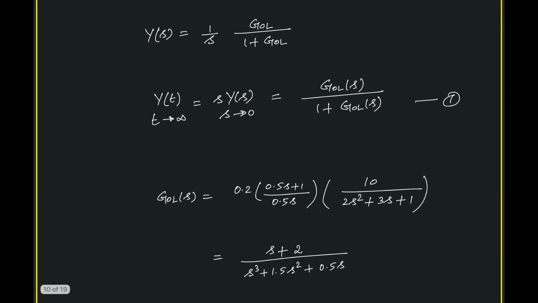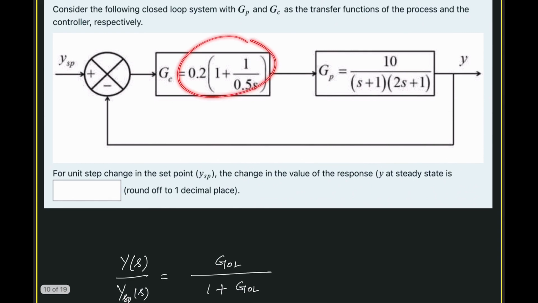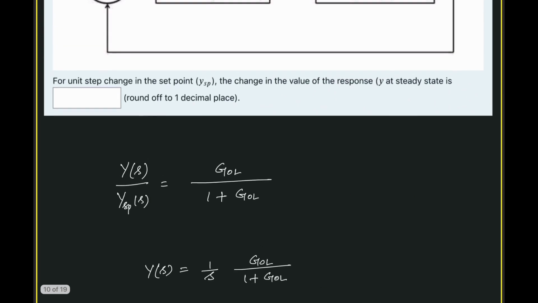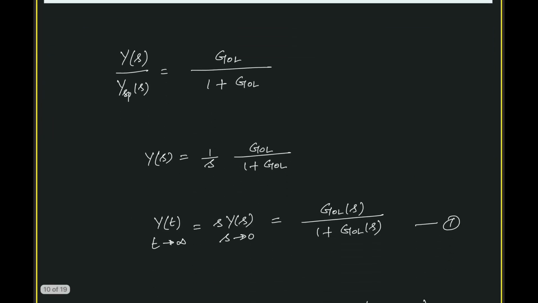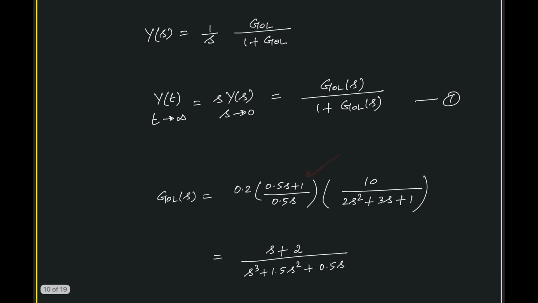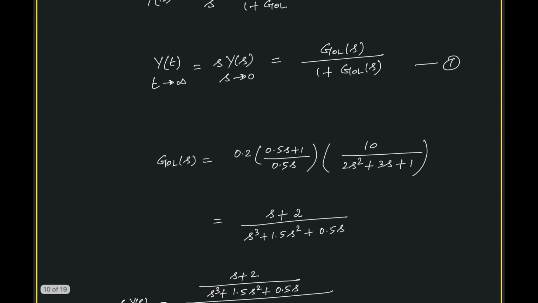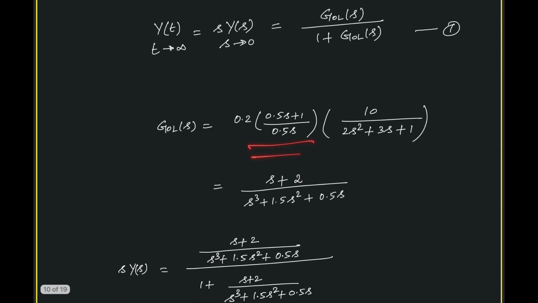So what is the open loop transfer function? For the open loop we have this and these two. So we have 0.2 into this component, which is (0.5 s plus 1) by 0.5 s, and another, which is a second order system. So you can rearrange or reduce this.